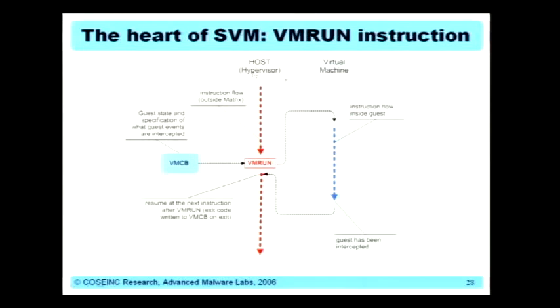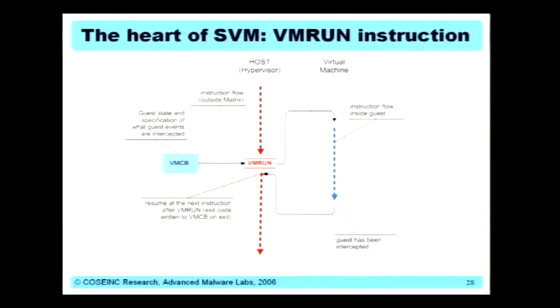Can you see the cursor? Yeah? So first we have SVM disabled, so there is no notion of host or guest, but still we are the native machine here, right? We are executing some instructions. And then we decide to create a virtual machine. First we create something called the VMCB, Virtual Machine Control Block, which consists of two parts.